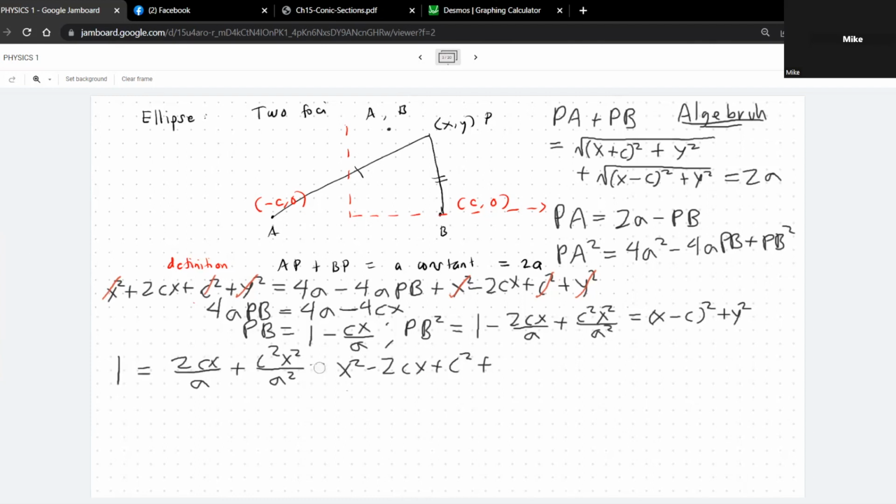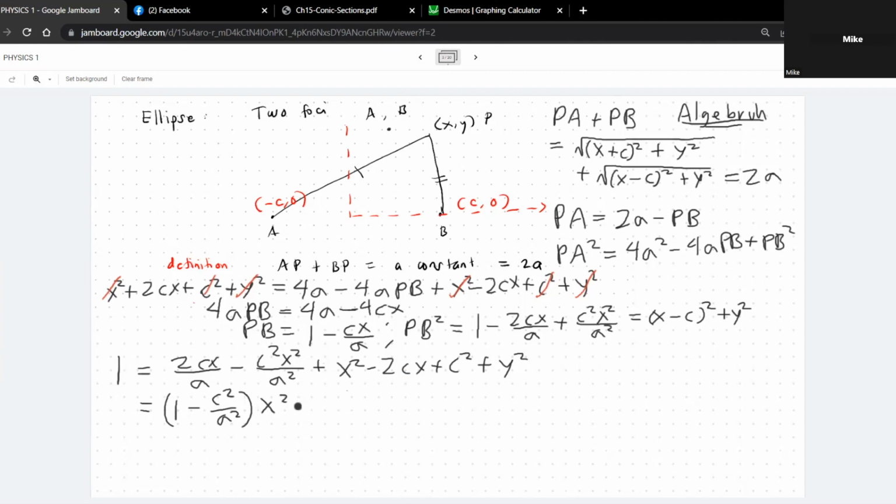Kaya, bakit ganon? Teka, 2a minus PB, 4a square. So, 1 minus 2cx over a plus c squared x squared over a squared. So, makukuha natin 1. Okay. Now, let's look at the terms involving x. Ganito, complete the square for x.